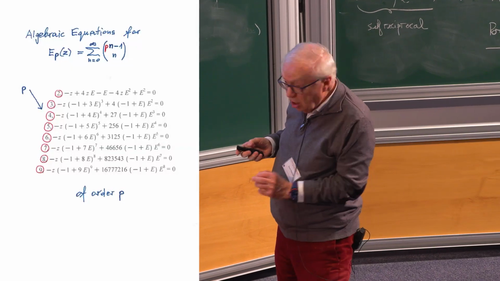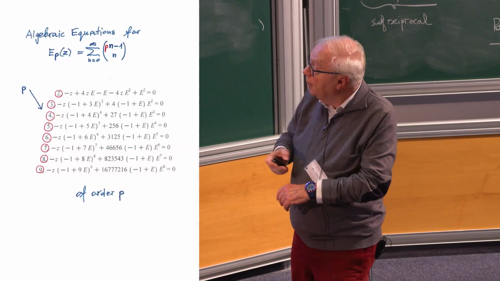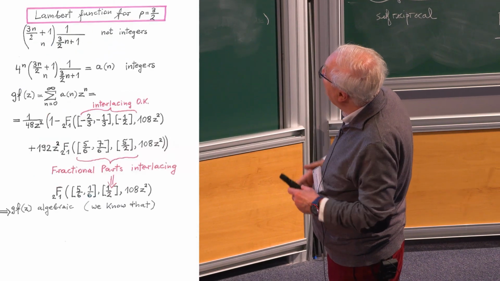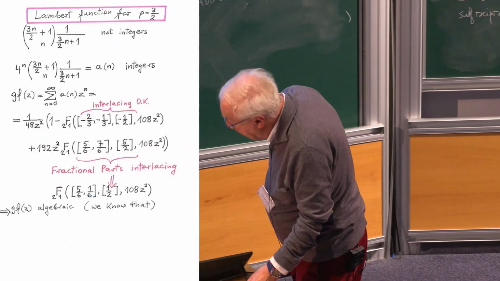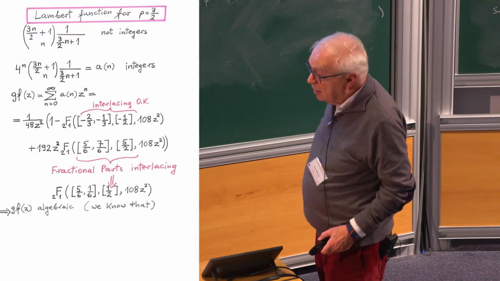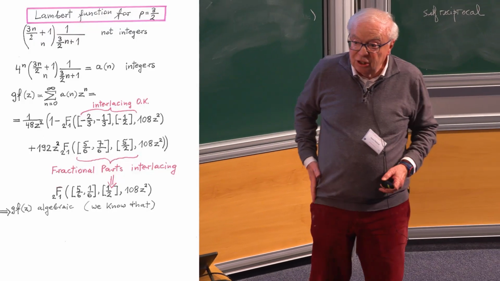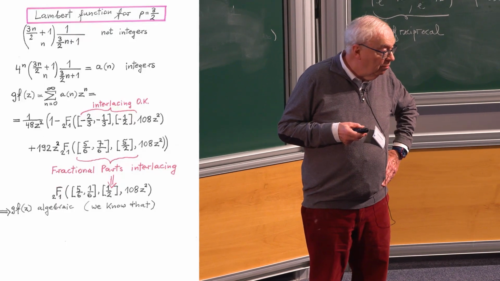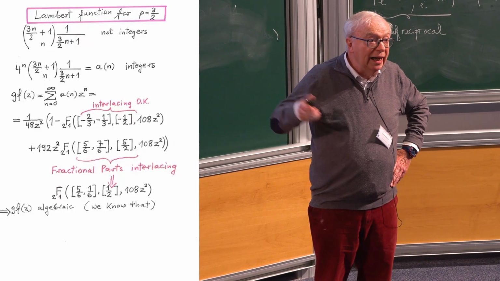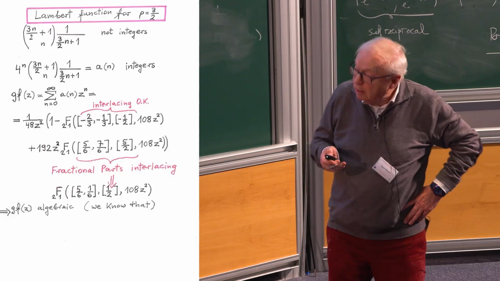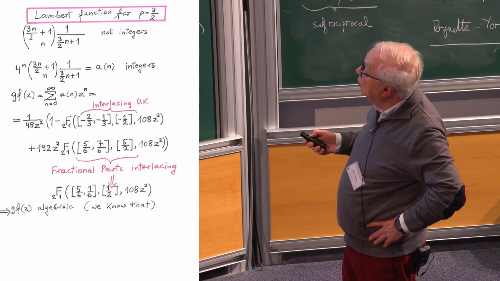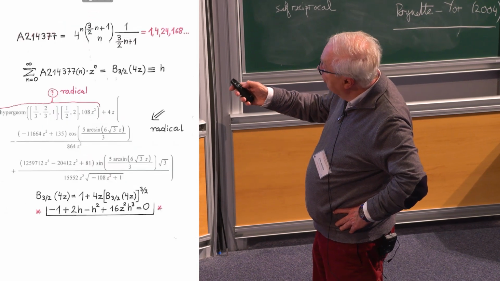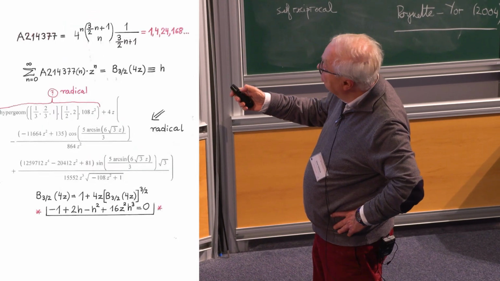But that's not the end of the story, because I told you that this Lambert function is also valid for fractional values of parameters. And I have chosen the simplest example, which is the fractional value 3/2.